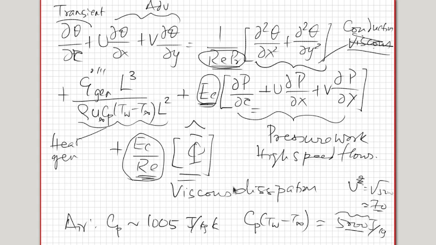Okay. So we were just discussing briefly at the end of the last class. So in today's class, we'll just take this up in a little bit more detail. So what we have to understand is the role of this RePr, the Eckert number, and the Eckert by Reynolds. Okay. So let's do that now. Okay.